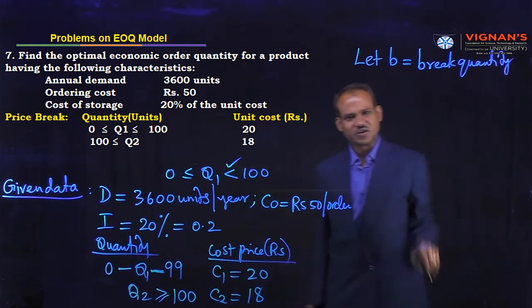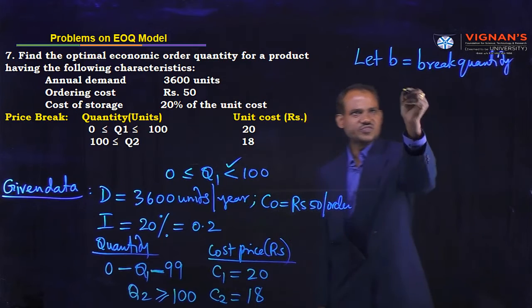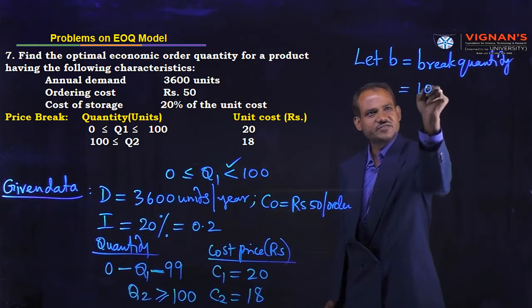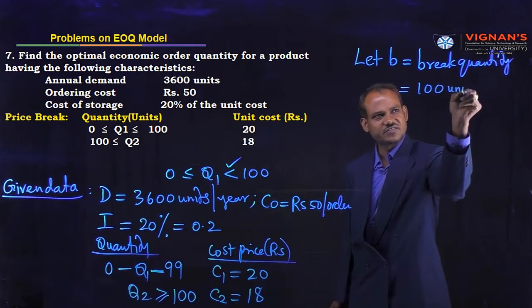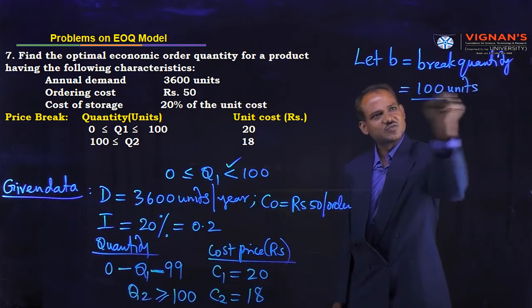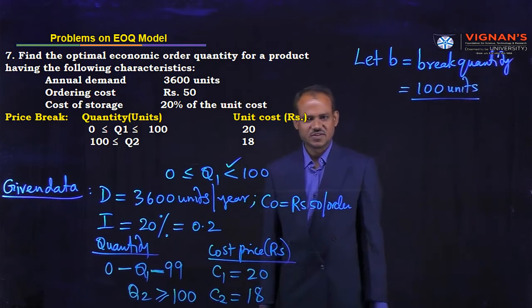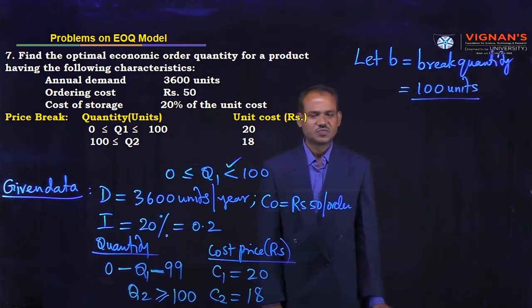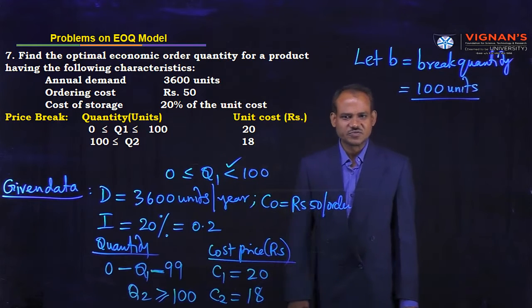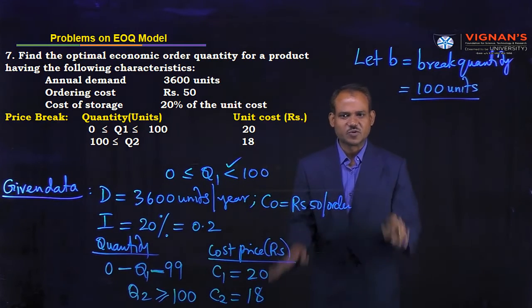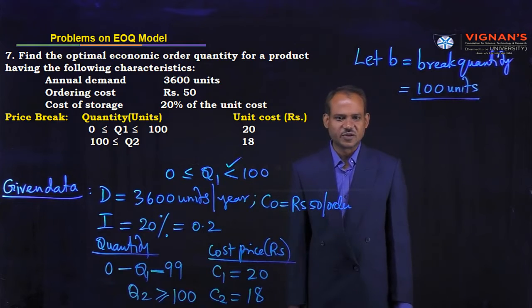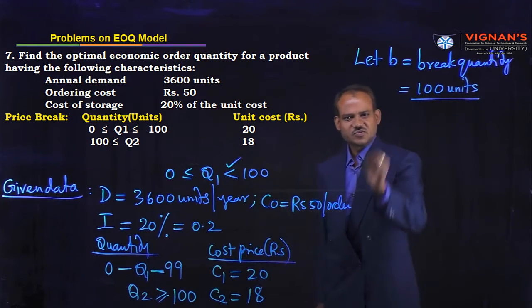What is that break quantity? From the given question, we can observe that it is 100 units. At 100 units, price breaks happen. Okay, let us assume some symbol. Next, in quantity discount problems, every problem follows a similar process. This is a single price break. Okay, first what we are going to calculate.